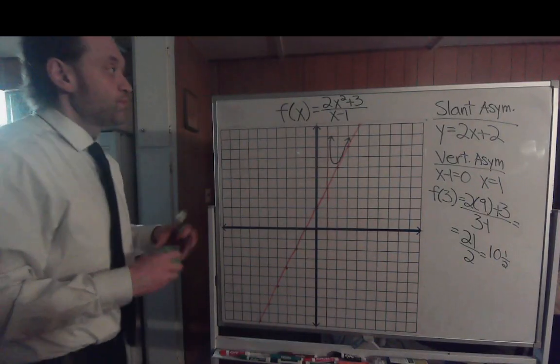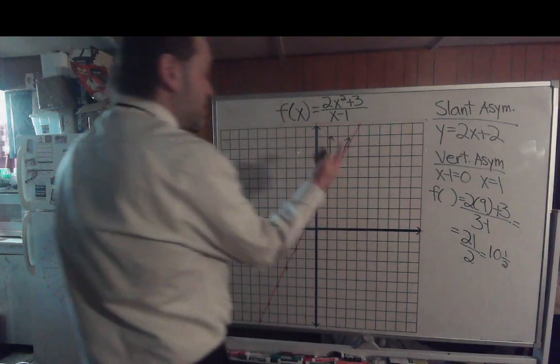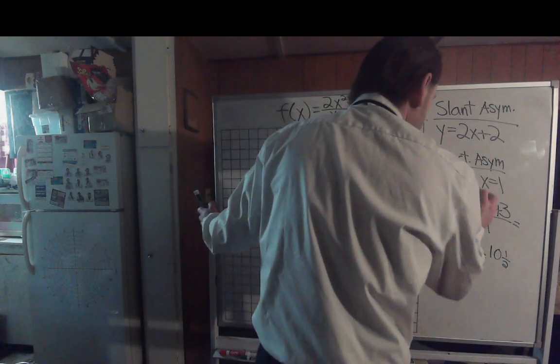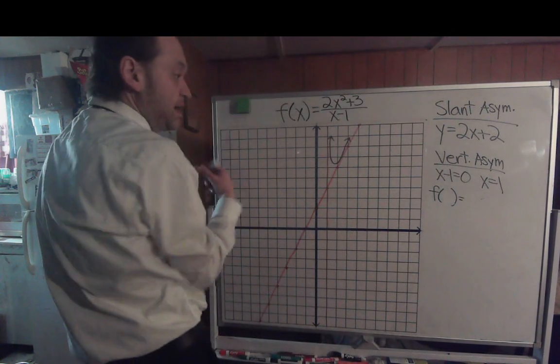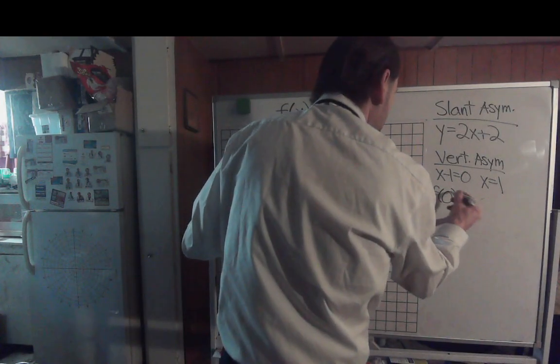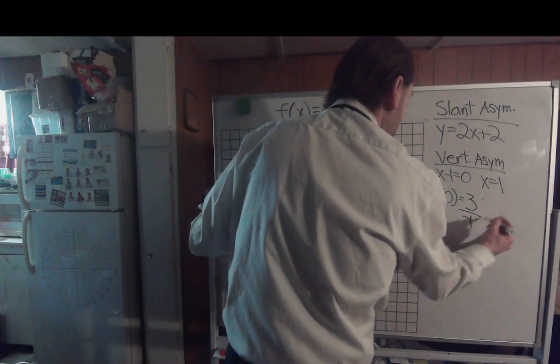Now, what about if I go to the left of x equals 1, I pick 0? So what if I pick f of 0? Well, I would literally get 3 over negative 1, which would just give me a y value of negative 3.